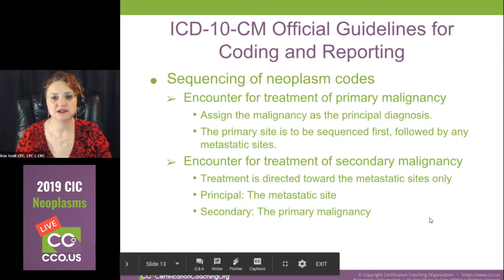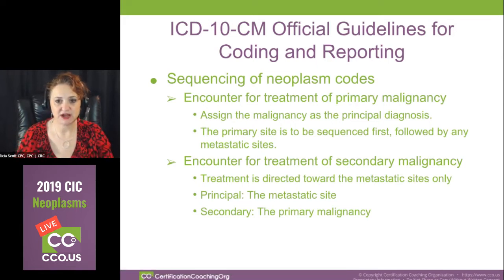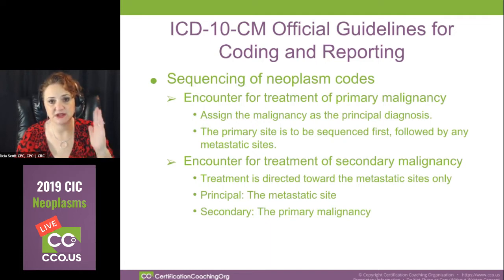When we look at sequencing, again, let's backtrack a little bit. What is the patient being seen for? If they're being treated for the primary malignancy, that's the principal diagnosis, meaning that's first listed. If the primary site is sequenced first, then you list all the metastatic sites.